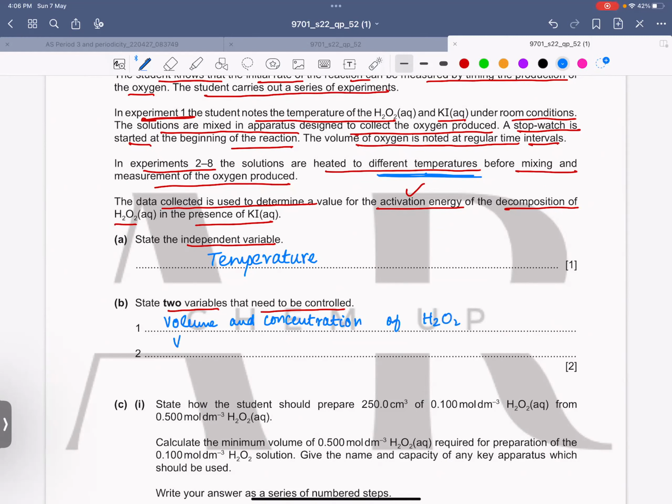In the same way, the volume and concentration of potassium iodide must not be changed, because if we use a more concentrated potassium iodide, it would further enhance the rate of the reaction.